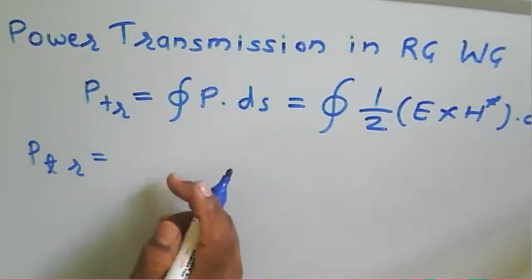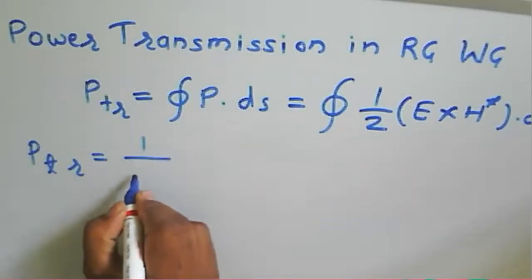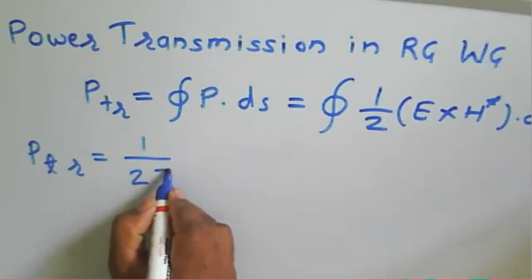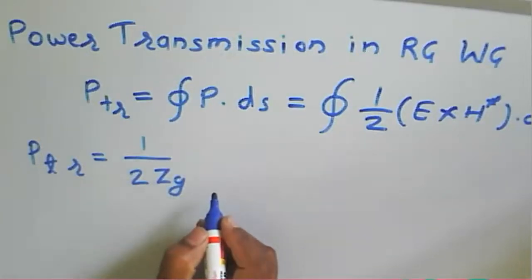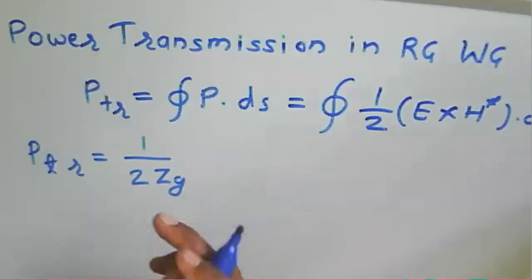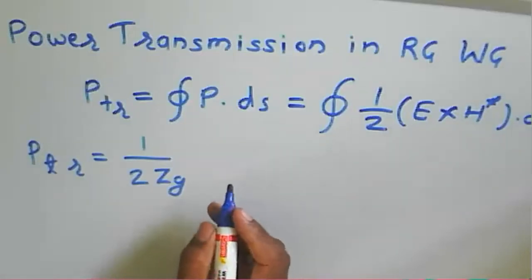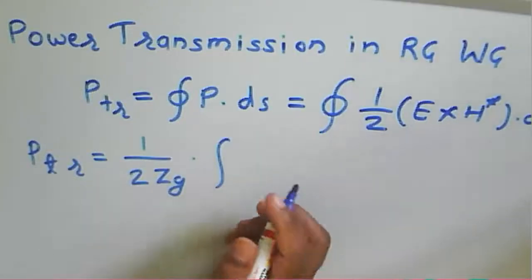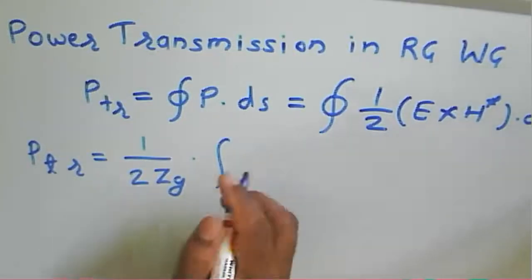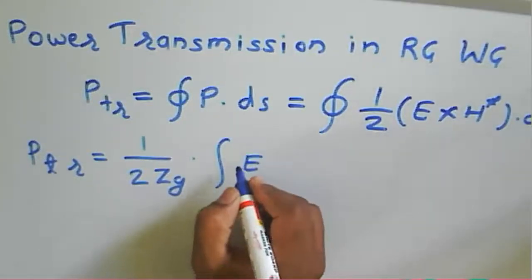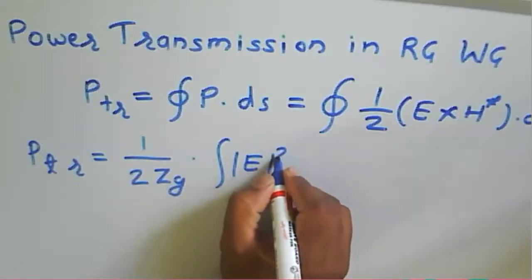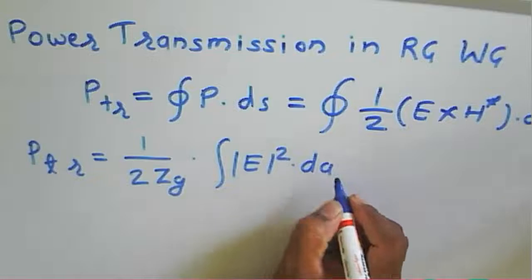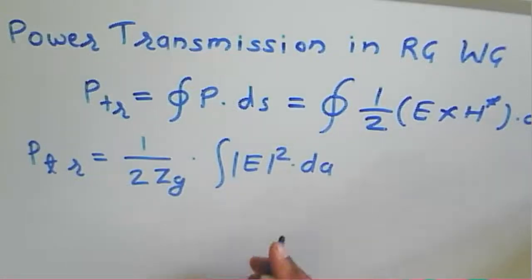Power transmitted is equal to 1 by twice of whatever the guide impedance we have for the given guide, and instead of both components we will consider here only the electric field component, E square, and the area considered for that particular region, that is dA here.